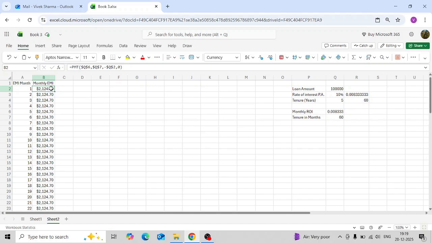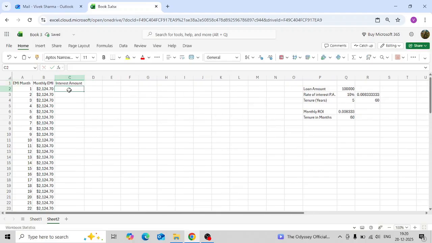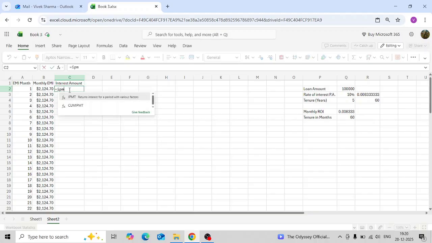Now this monthly EMI includes my principal as well as interest amount. So how much interest are we paying out of this total EMI? Let's calculate the interest amount. The formula is equals IPMT.